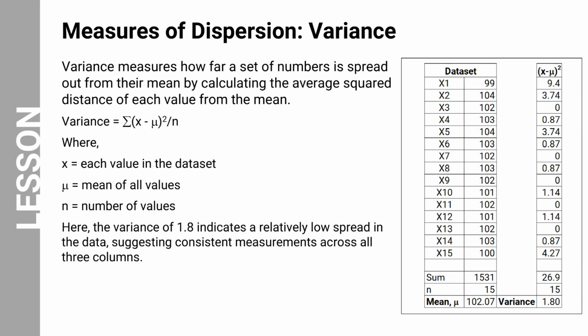Finally, we sum all these squared differences and divide by the total number of values, resulting in a variance of 1.80. This relatively low variance indicates that our measurements are fairly consistent across all three columns, with minimal spread from the mean value. Note that the variance is expressed in squared units of the original measurements, which is why standard deviation, or the square root of variance, is often preferred for practical interpretations.